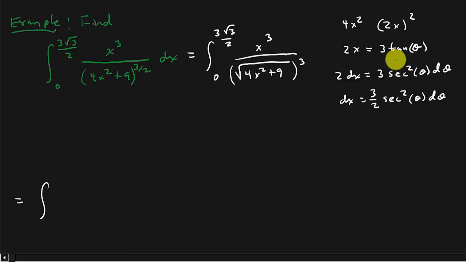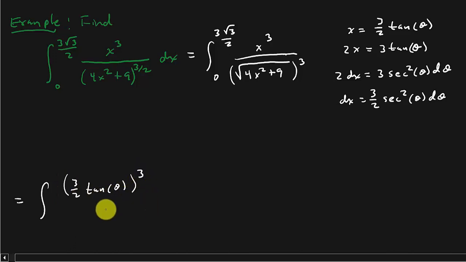And so we plug what in? X. Well, we've got 2x. Well, what's x? X is equal to 3 halves tangent theta, right, if we solve for x. So this is going to be 3 halves tangent theta cubed over, now remember, this 4x squared, I'm looking at that as 2x squared.